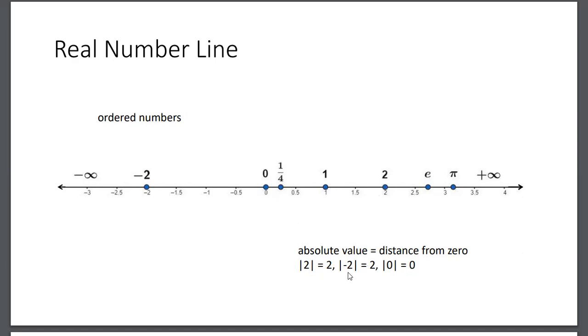The absolute value of -2 is also 2 because distance is positive. It's the same distance from 0 that 2 is. And the absolute value of 0 is 0. It has no distance from itself.